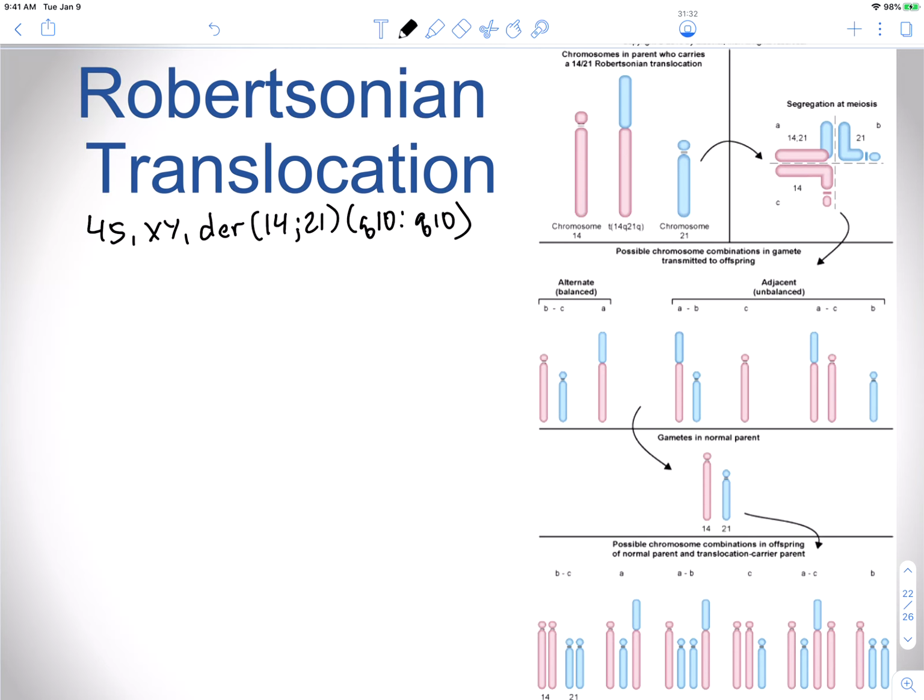In this case, you're going to potentially have a cell that lacks one normal 14 and cells that lack one normal 21. And then the new chromosome has fused the long arm of 14 and the long arm of 21.